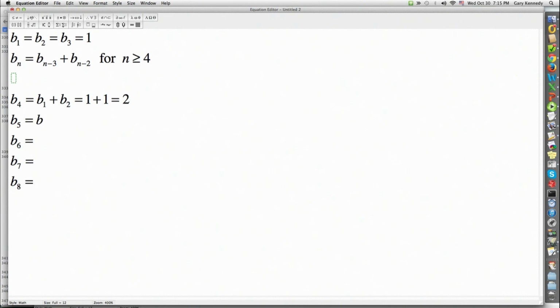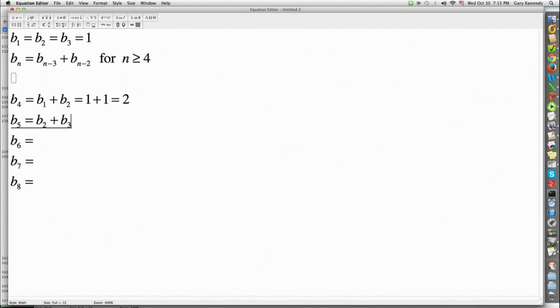Okay, what about B5? Here I'm going to do it a little more quickly. I realize if n is 5, then the subscript n minus 3 must be 2. Notice I did a little bit of arithmetic just verbally, and I got B2. Okay, and then B what? Well, if n is 5, then n minus 2 must be 3.